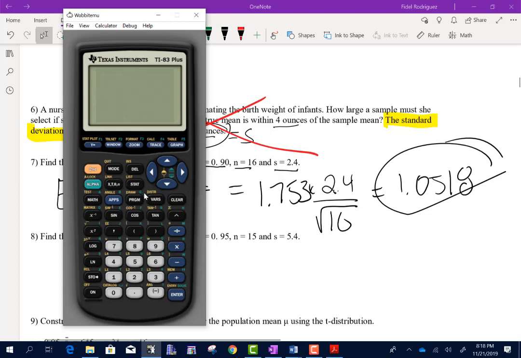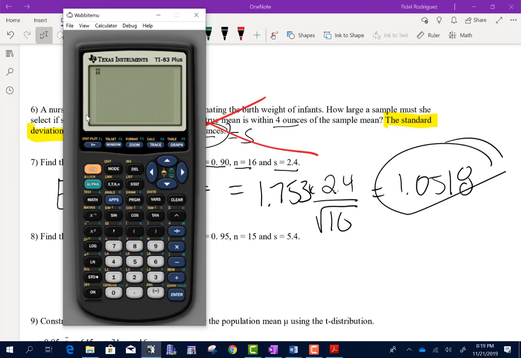Hey, guys, anybody remember, how do you find that 1.753 on your calculator? Inverse t, so we're going to go, I don't even have it on this one because it keeps erasing it. Okay, inverse t. Look, guys, second bars, right?